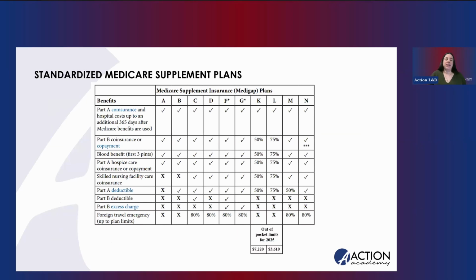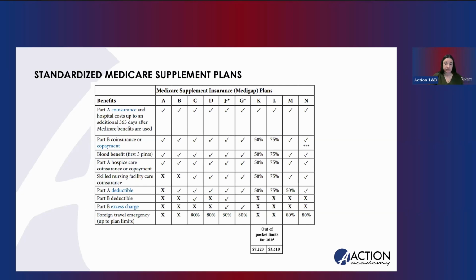Charles, what do those plans look like? Here's what they look like. You can find this chart just about anywhere, really. The out-of-pocket limits might not always be completely up to date, depending on where you find the chart, but the benefits and the plans, the Xs, are always going to be the same here.